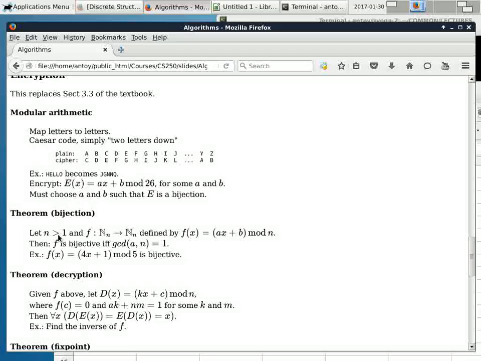This is bijective if the greatest common divisor of a and n is 1. So this explains why in the small example I did before, the first one was a bijection, the second was not.